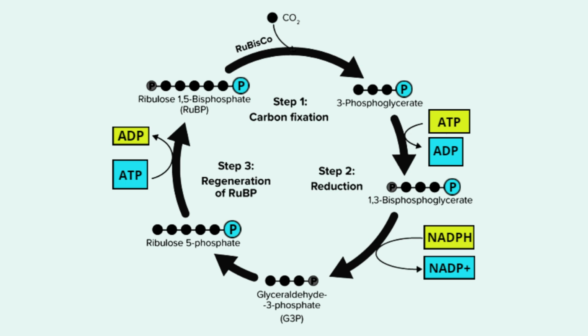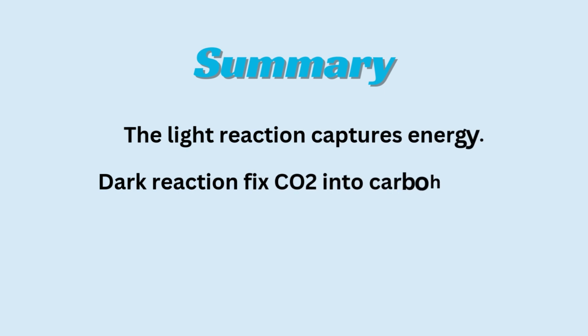It ends where it started, with ribulose bisphosphate ready to capture more carbon dioxide, and the cycle can continue fixing more carbon dioxide. To summarize, the light reaction captures energy, while the dark reaction uses that energy to fix carbon dioxide into carbohydrates, with glyceraldehyde 3-phosphate as the key building block.